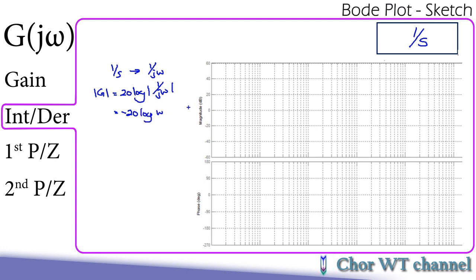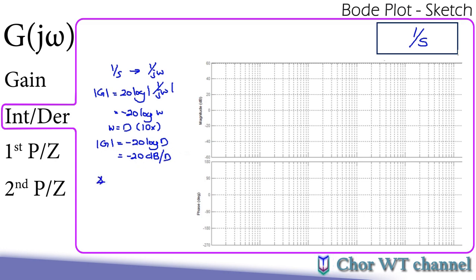To ease our drawing, we are going to take omega in the range of d, where d is the decade, which takes the value of a multiple of 10. The magnitude of g will become negative 20 log d. Because the log is base 10 and d is a multiple of 10, this will become a straight line with a slope of negative 20 dB per decade.